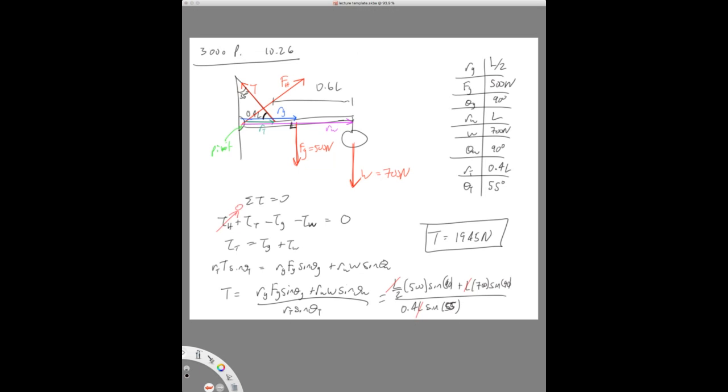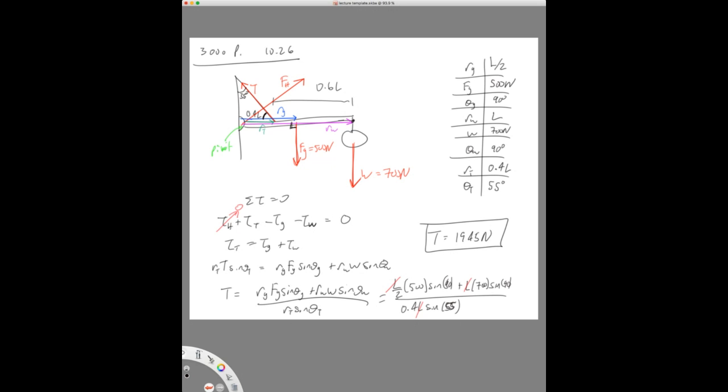So we now do sum of the forces in the x direction equals 0. Sum of the forces in the y direction equals 0. We could, by the way, use another torque formula. If we go back and look, we would be able to find the y component of this force, but not the x component, because how would I do it?